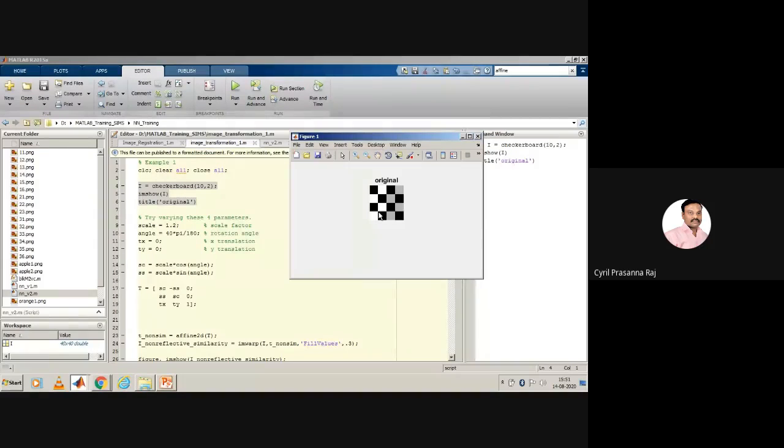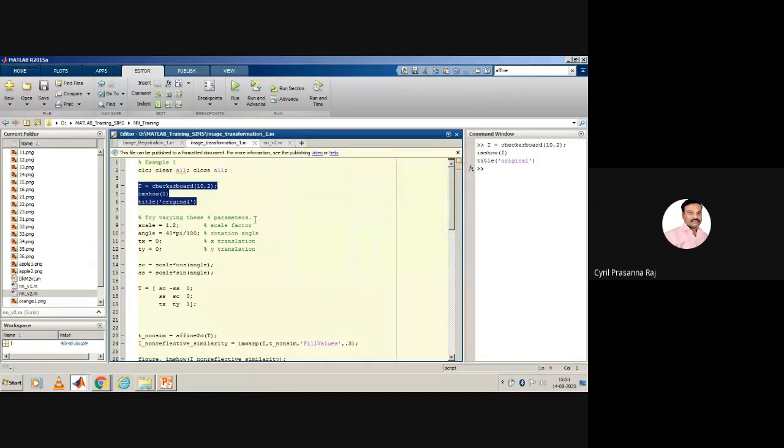Now we will define certain parameters. Scale is defined as 1.2. Theta is defined as 40 degrees, 40 pi by 8, and translation shifting across the x-axis is 0 and the y-axis is 0.